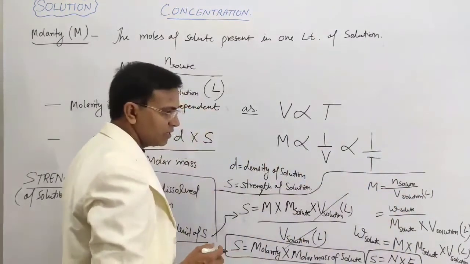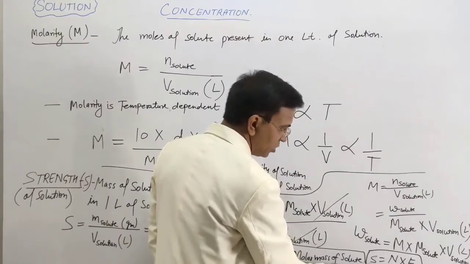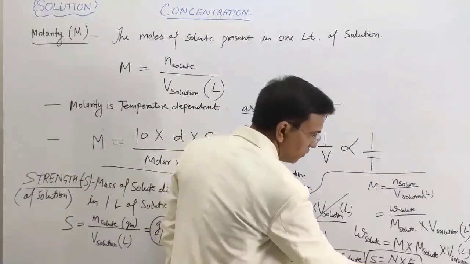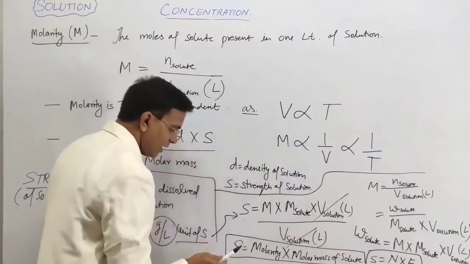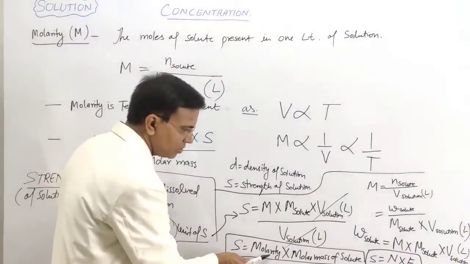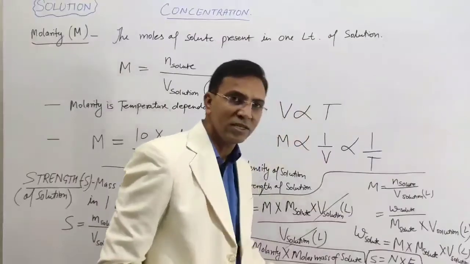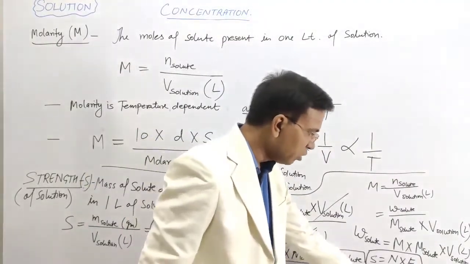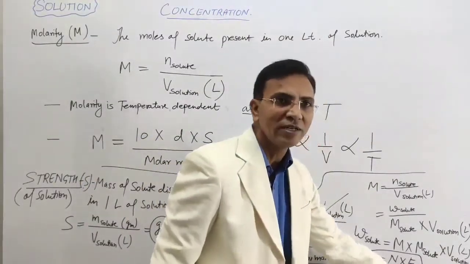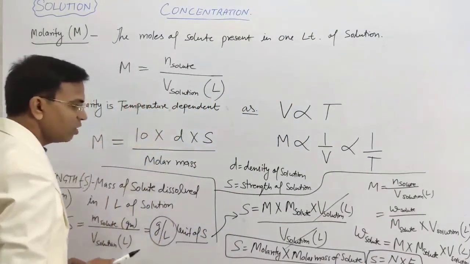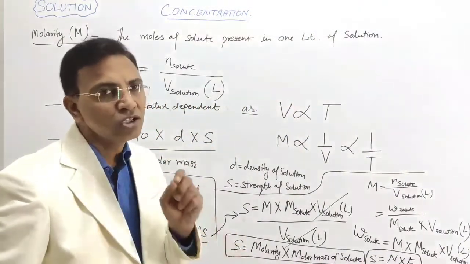Strength is equal to molarity into molar mass, because molarity into molar mass is equal to normality into equivalent weight. So this is all about the strength of the solution.